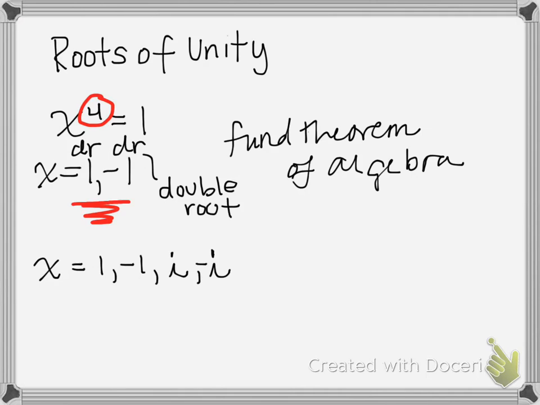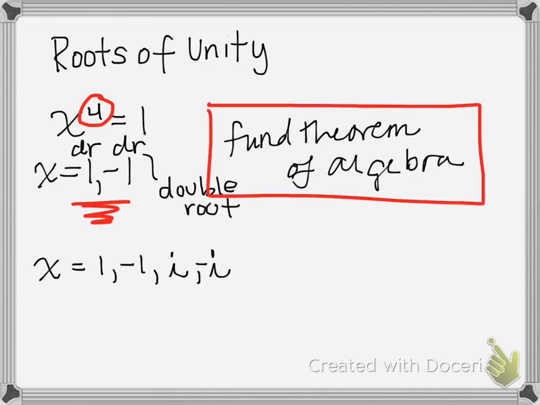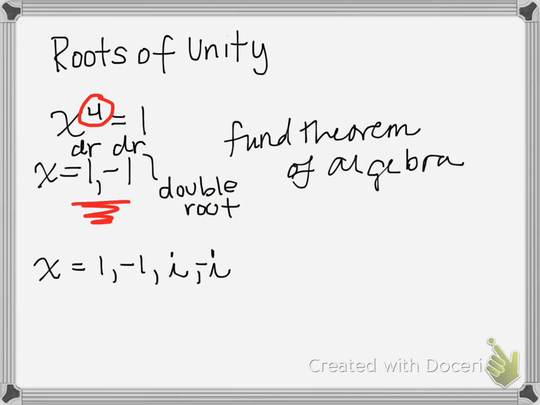And negative i to the fourth is equal to 1. So the fundamental theorem of algebra, at this point in your math studies, in the topic Roots of Unity, is going to be complete, because we're opening up to all of these possible complex solutions which maybe we were open to before, but we didn't know how to get them.